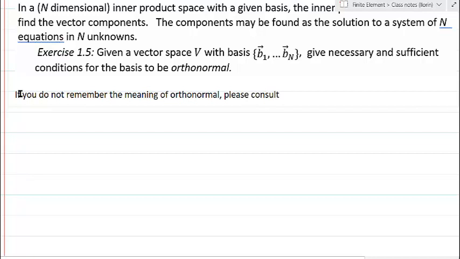Please consult a textbook on linear algebra. You should review this concept. I gave a link to a textbook on linear algebra in the Canvas webpage, but you should have had a course in linear algebra.